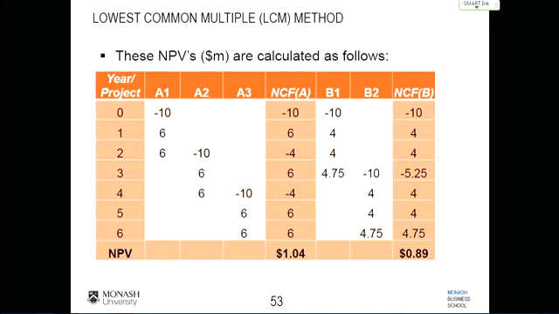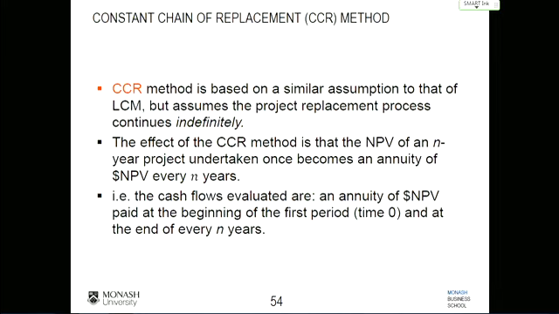And now you compare the net present values of the 2 hypothetical projects of 6 years. Which one are we going to pick? A, right? So your result now is A, not B. Agree? So this is the first one.